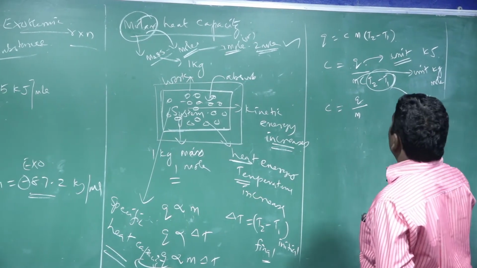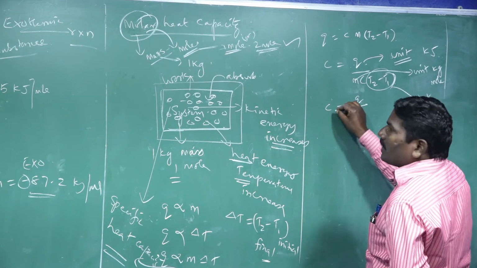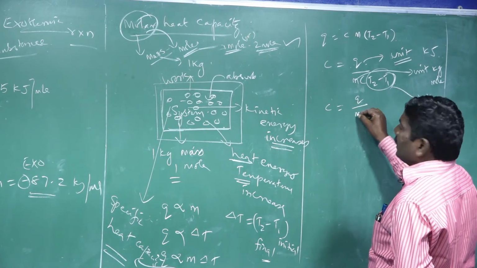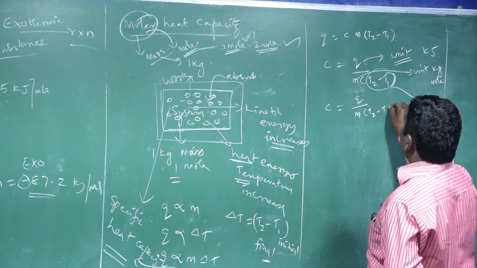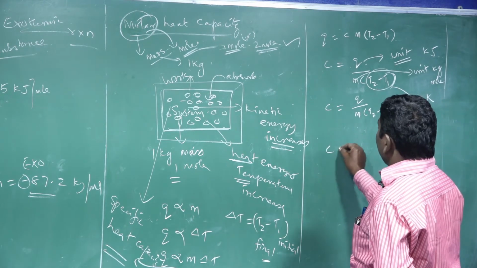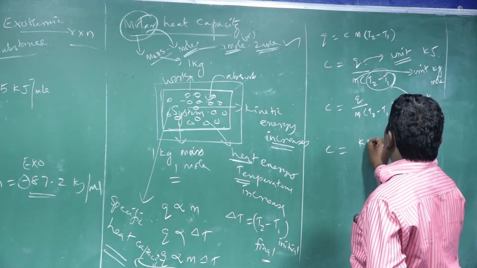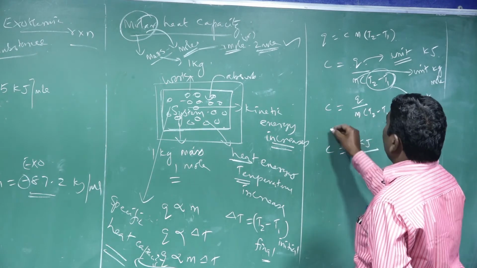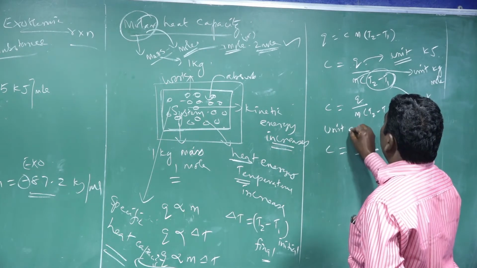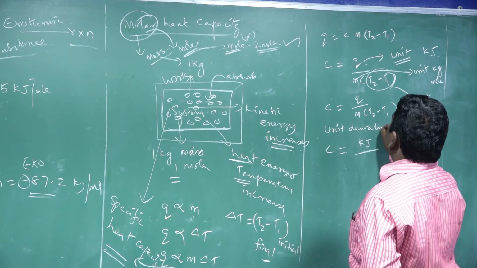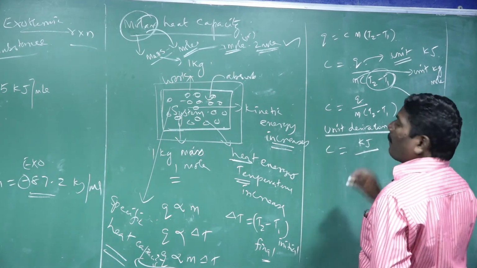How to derive this unit? From this, C is equal to Q by M into T2 minus T1. You write here C is equal to Q in kilojoule divided by M, and the unit derivation. You write this unit derivation.